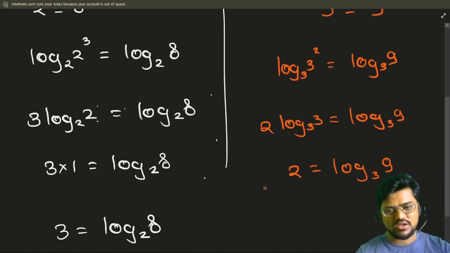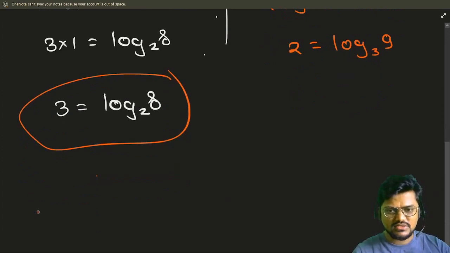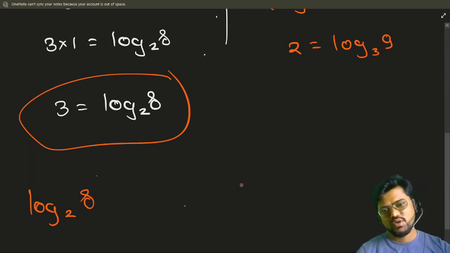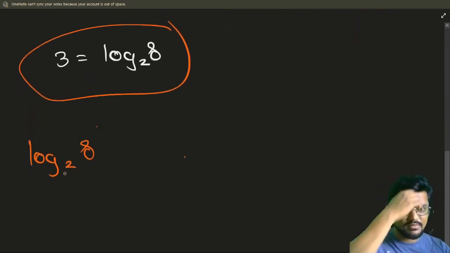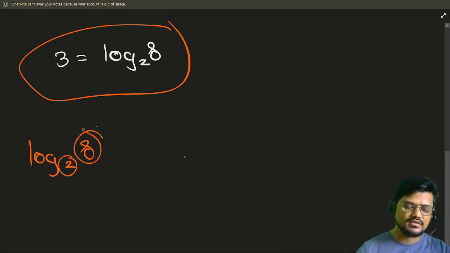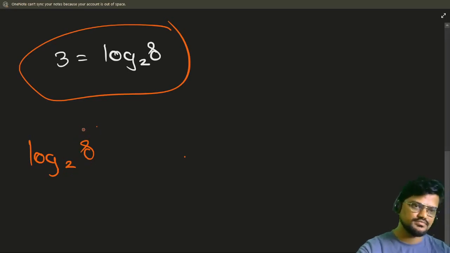See, what does this logarithmic form state? Do you know what is the actual meaning of log 8 to the base 2? You don't know. See, log 8 to the base 2 means: 2 to the power of what gives 8? Are you getting it? 2 to the power of what gives 8? That will be the answer.